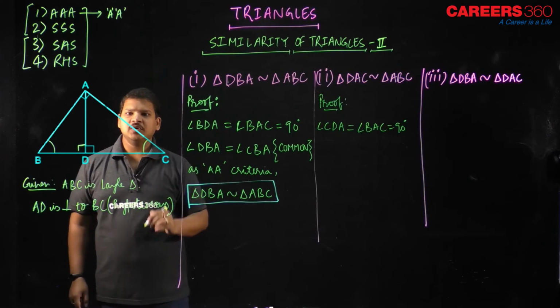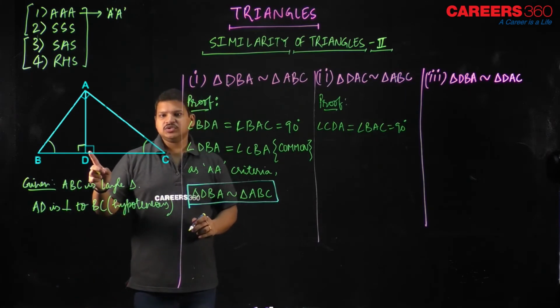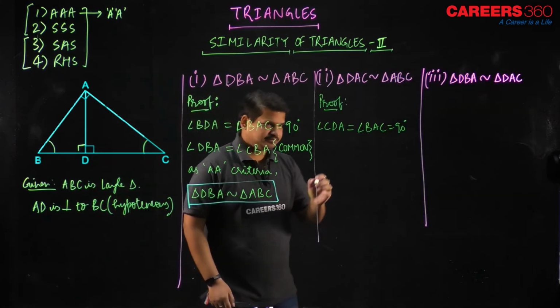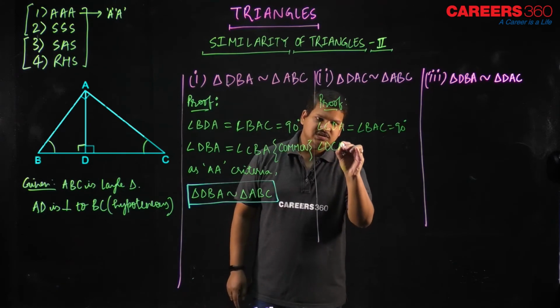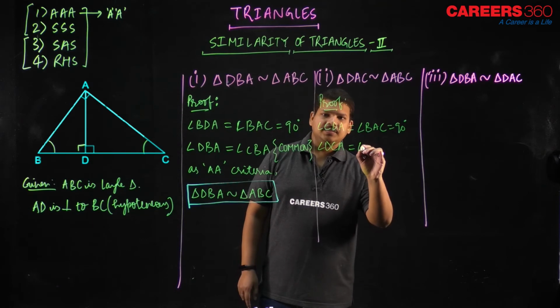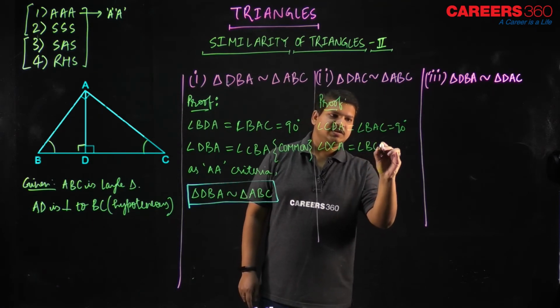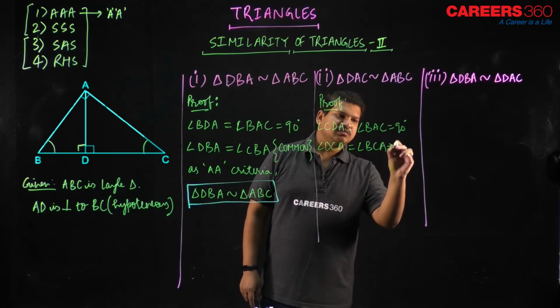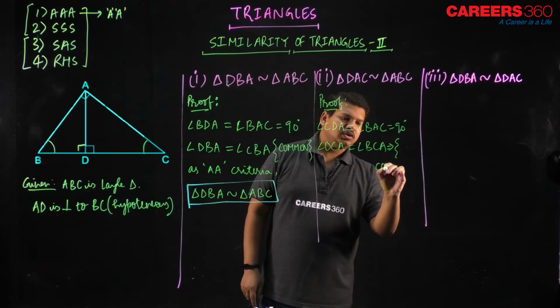C is common in both the triangles. So angle DCA is equal to angle BCA, which is nothing but common.